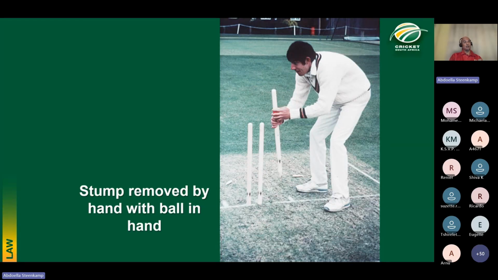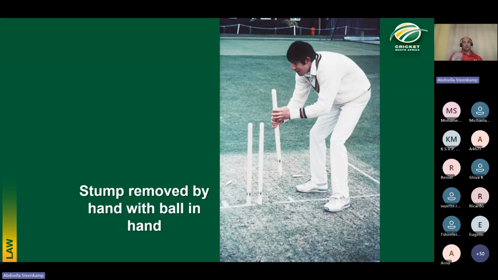And to put the wicket down then, the ball only needs to touch one of the stumps. In this scenario, let's say as the bowler is running in, delivers the ball, and a gust of wind blows the bails and they're on the ground. How do you now put the wicket down? There are four ways to put the wicket down in this scenario.